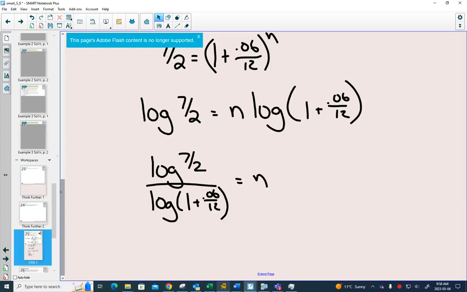Type this into my calculator, and you should test your calculator skills to see if you type it in correctly. 251.1 is what it is as a decimal.